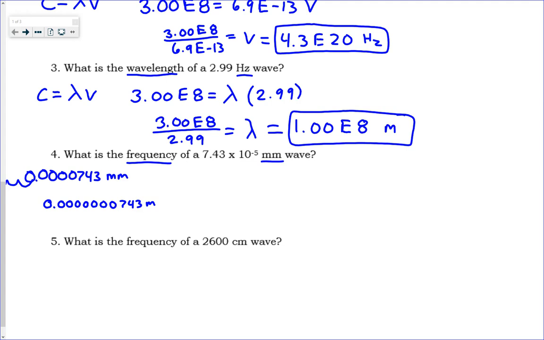So we're going to now plug it into the equation. We've got C equals lambda times nu, which means we've got 3.00 times 10 to the 8th, keeping our sig figs there, equals that lambda, 0.000000743, times nu.